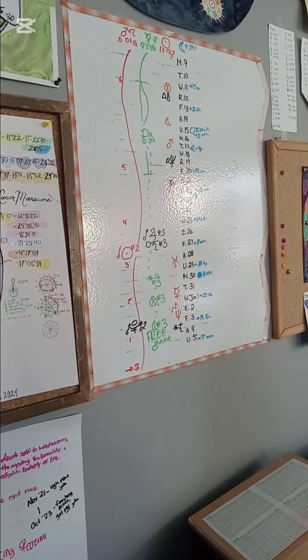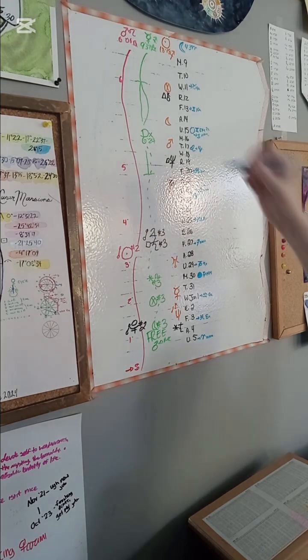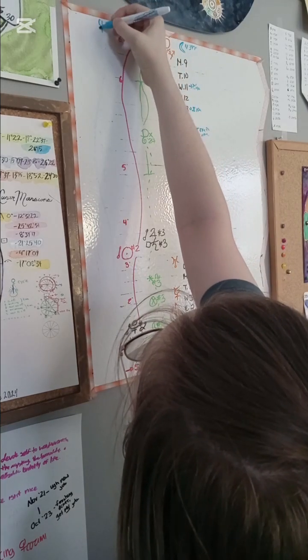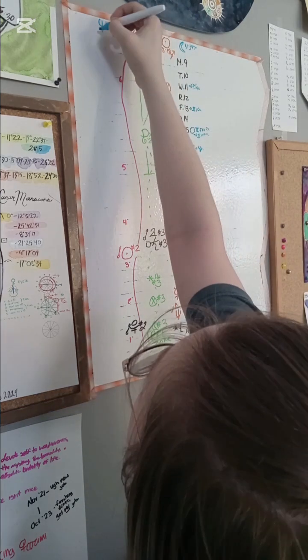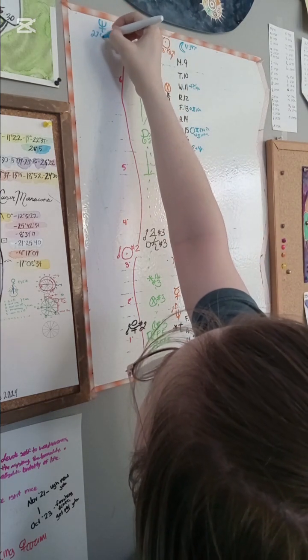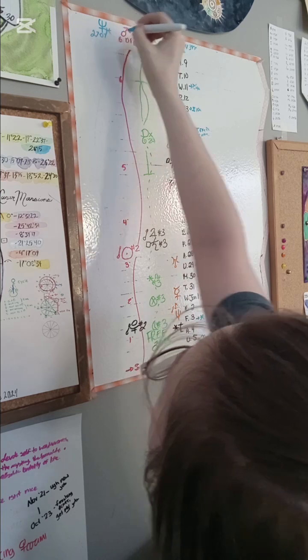If someone's moving really slow, if they're coming in or out of a station, just like with Mars here, I might write down every time they hit a new degree, a new minute, whatever normal speed is for that planet, to really showcase how slow we are. And once you start tracking for a while, you really notice a difference, particularly with Mars, between how slow and how fast he goes when he's going fast. It's wild.